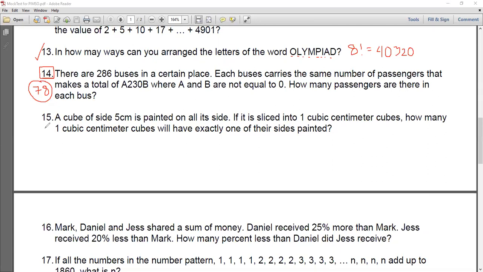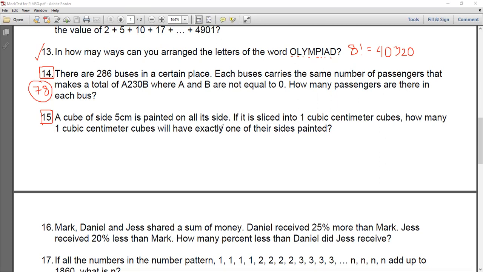Next, number 15. A cube of side 5 cm is painted on all its sides. If it's sliced into 1 cubic centimeter cubes, how many 1 cubic centimeter cubes will have exactly one of their sides painted?